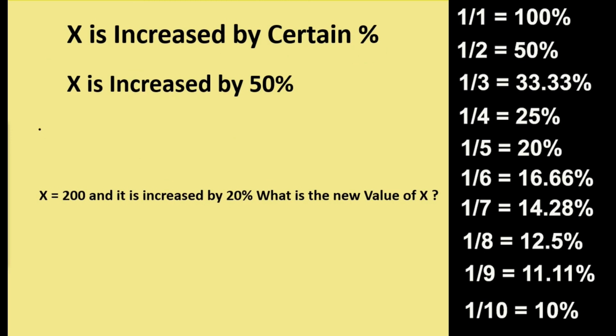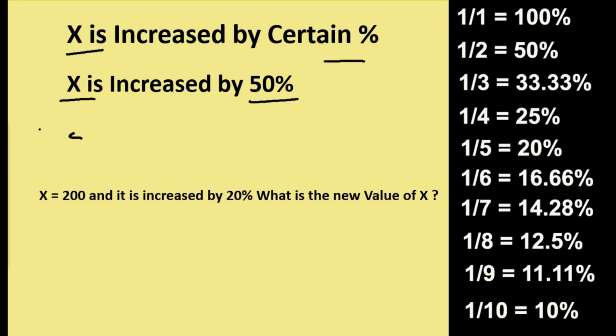Let's go to the next concept, the second type: X is increased by a certain percentage, then find the new value of X. This is another common problem in percentage. How do we do that? Let's take the example: X is increased by 50 percentage.